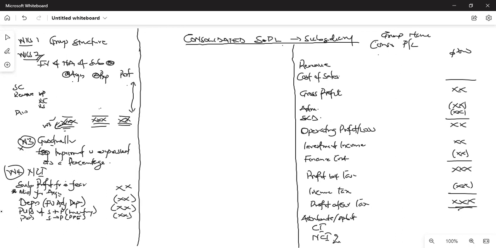But if there is a PPE PAP, and it is the parent that sells to the subsidiary, remember what happened? There is a positive. Remember that from what we did. All right, so we're taking care of our PAP.